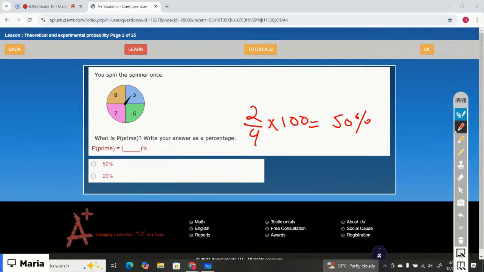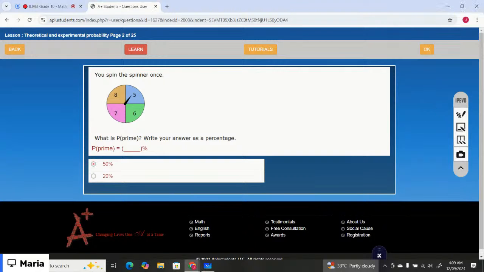The probability of prime is 50%. Option number 1 is the correct option.